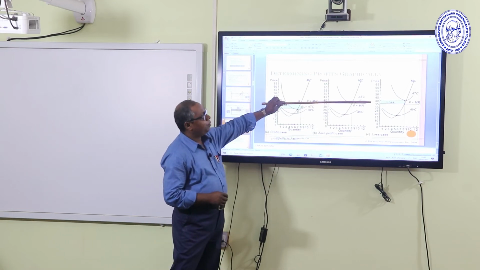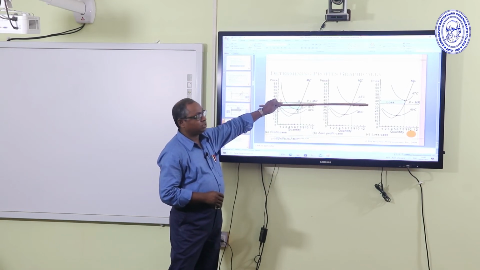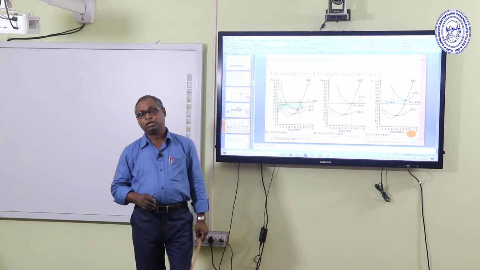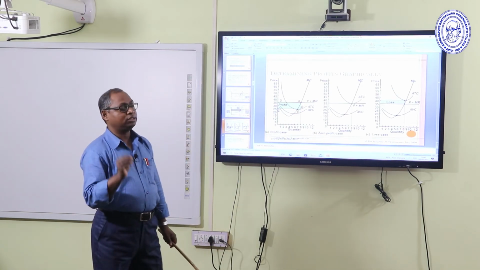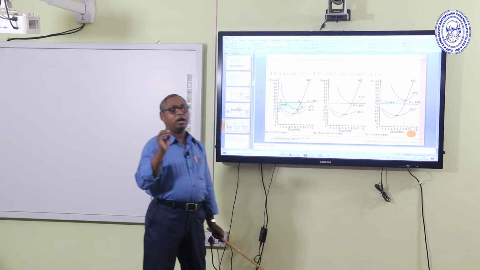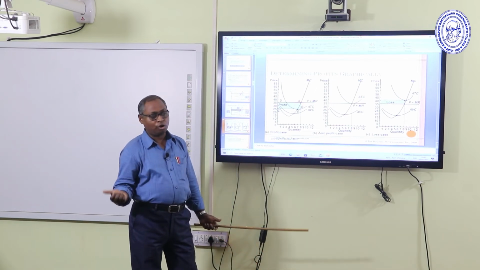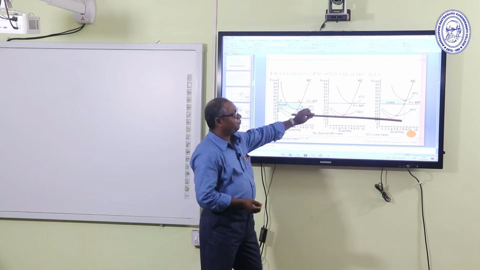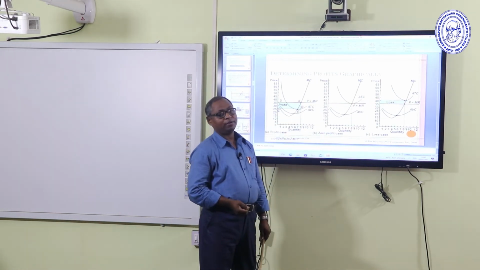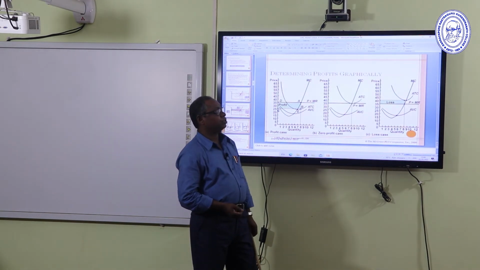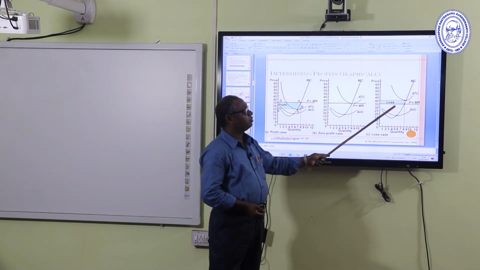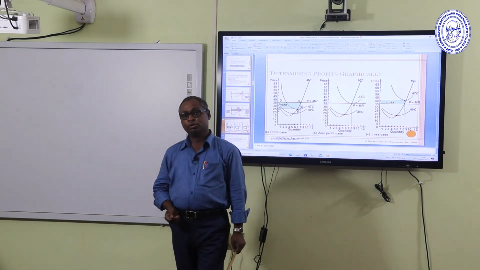Whereas if the price line just touches the minimum point of ATC or AC, then the firm will just get zero profit, no supernormal profit, no loss. Whereas if the price line passes below the minimum point of the average cost curve or average total cost curve, then the firm must incur loss.